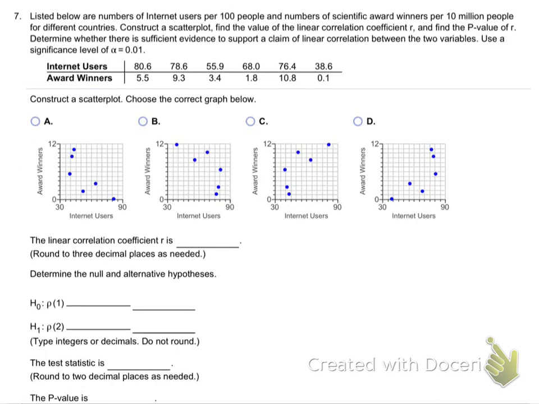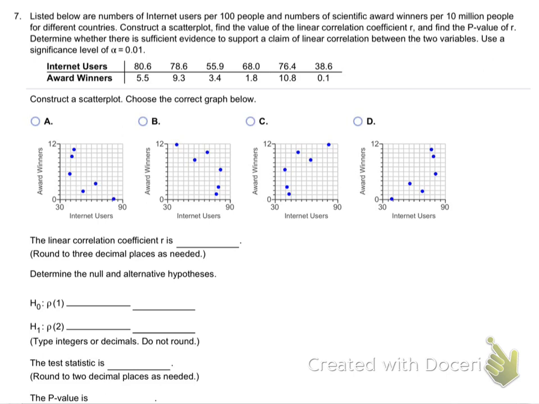Number 7. So what they did is they took internet users and award winners for a scientific award for various countries per 100. Listed below are numbers of internet users per 100 and the numbers of scientific award winners per 10 million people for different countries.